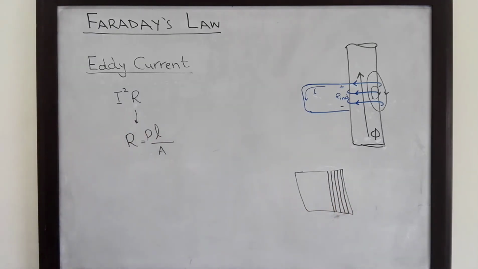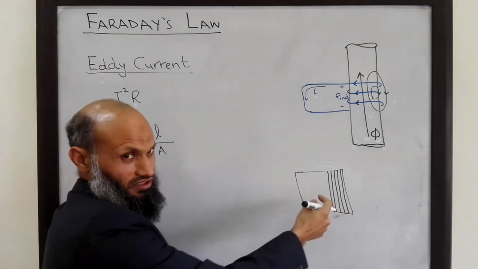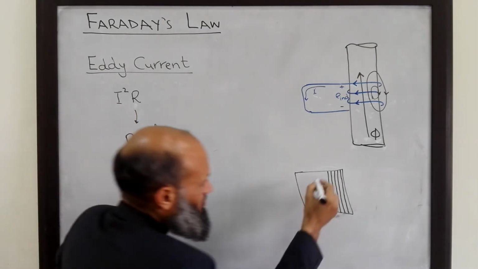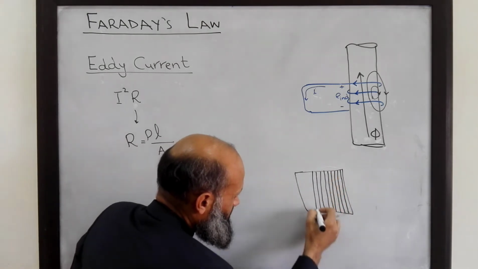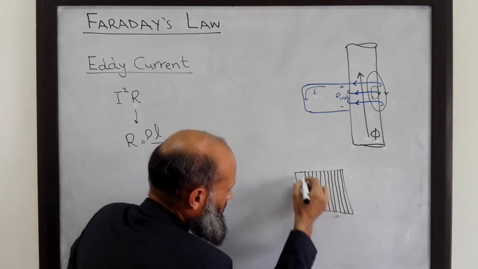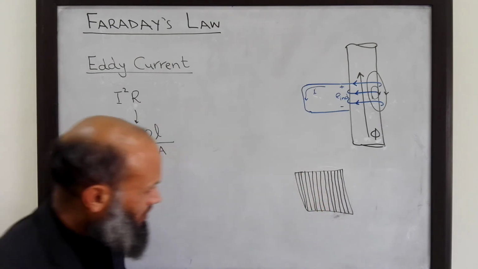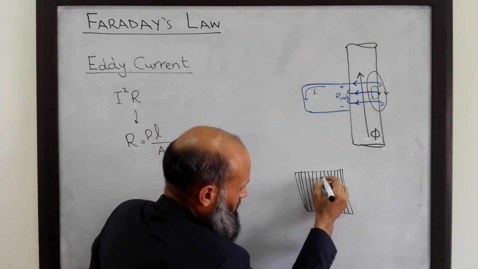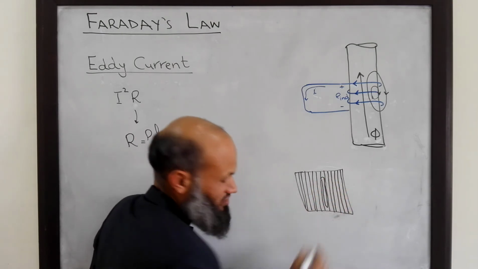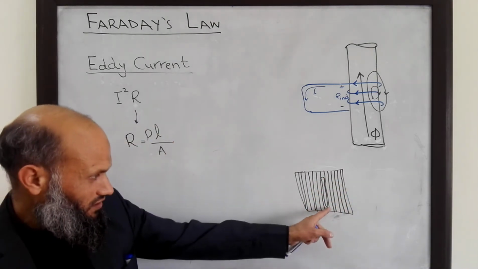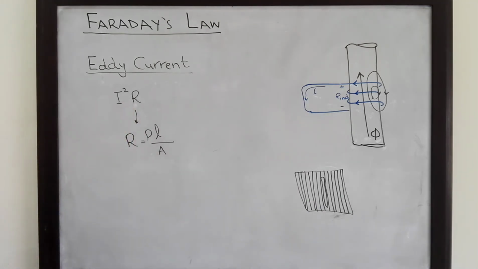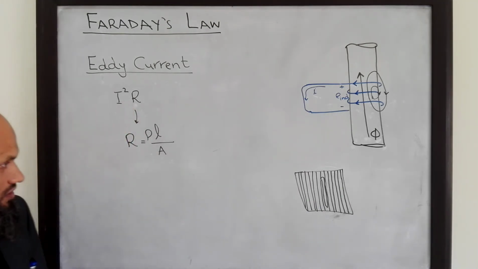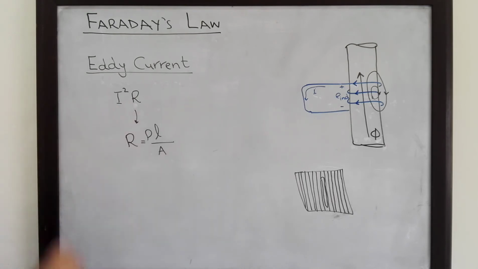Each strip is electrically isolated from each other, and due to this, the eddy current which is flowing will be limited to each lamination. The path length will be reduced, and hence resistance will be reduced, and therefore these losses due to eddy currents will be reduced.